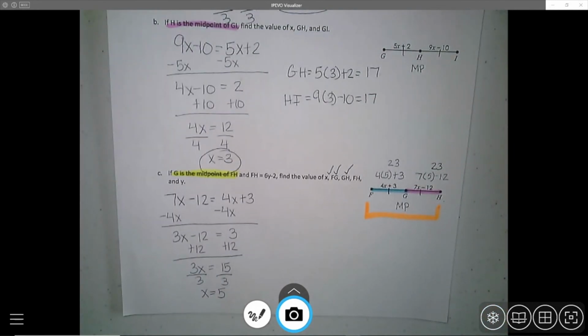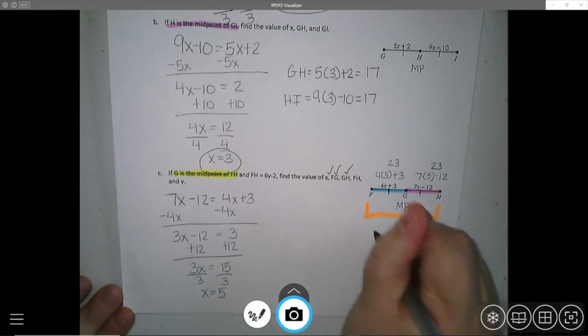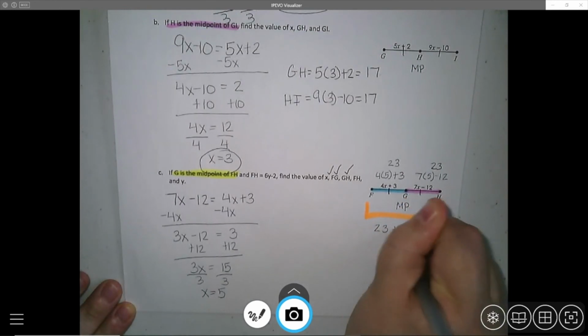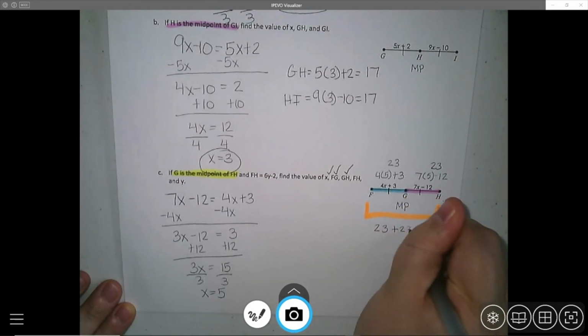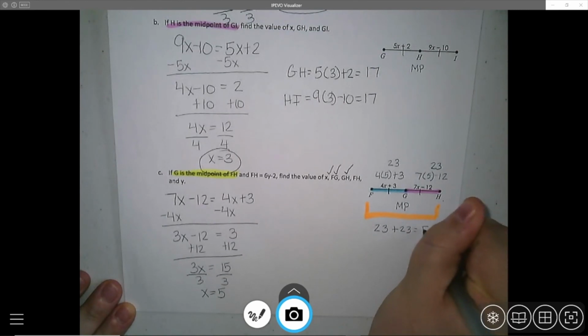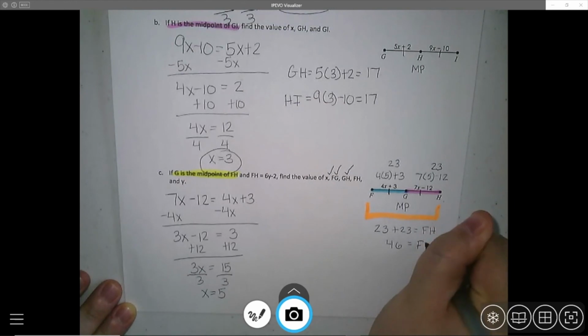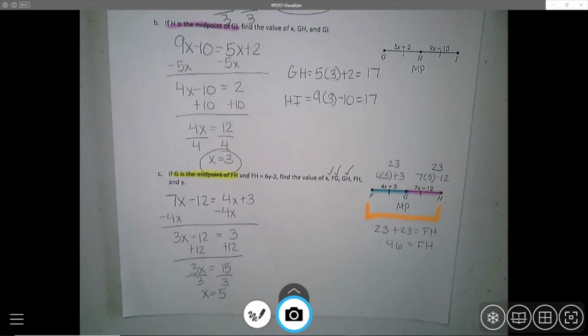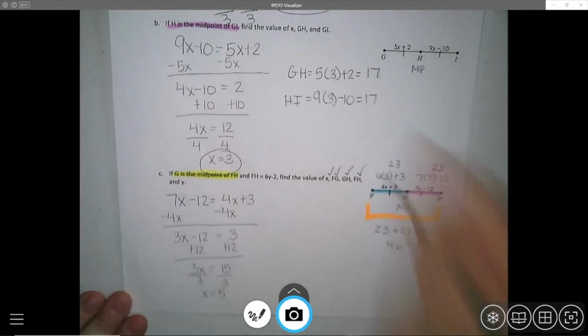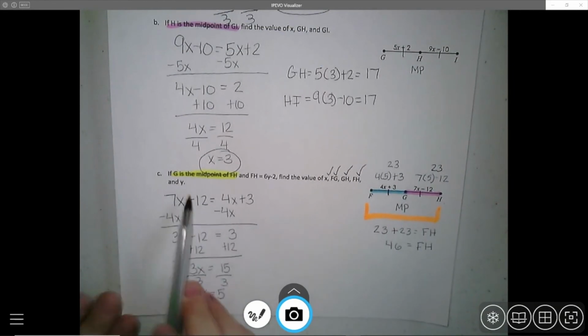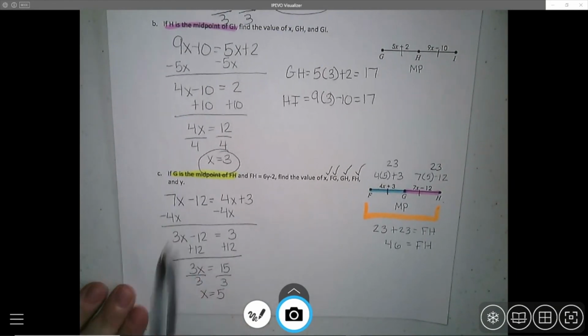So if I remember part plus part equals whole, whether or not you have a midpoint, one of my parts is 23 plus my other part is 23. It equals the whole thing, which is FH. 46 equals FH because when I add 23 plus 23, I found FH. What I'm left with is Y.